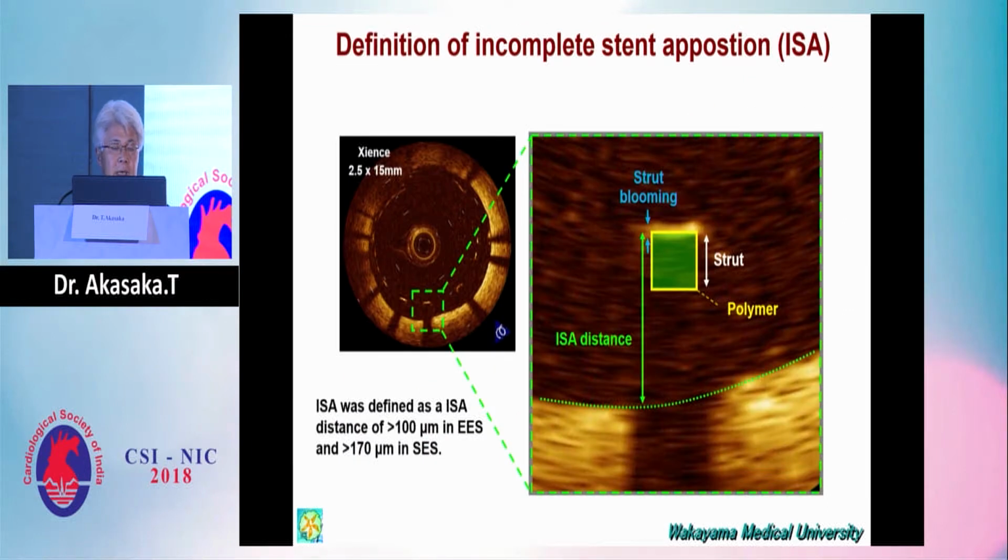And OCT has a higher resolution, as I told you. Previously, we tried to measure directly from the strut position to the vessel wall to identify the incomplete stent apposition distance.